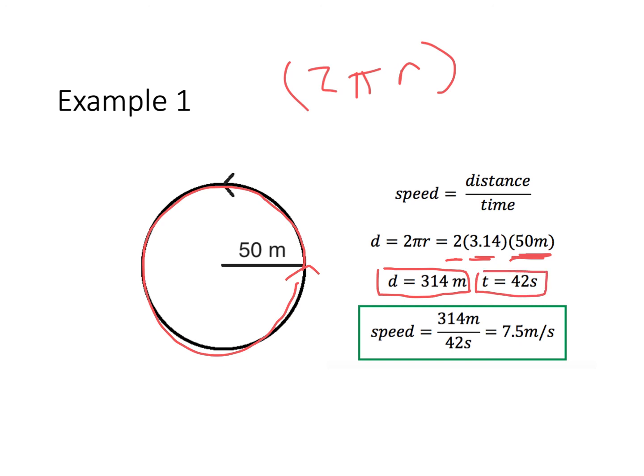To get the average speed, that's 314 meters, the distance, divided by 42 seconds, the time, and we get about 7.5 meters per second as the average speed.